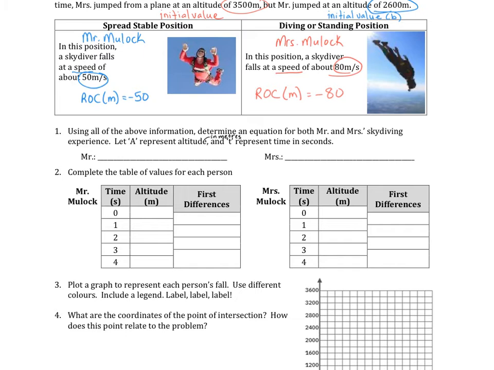And something else to remember, when you make the equation, it's y equals mx plus b. When you make the equation, y and x should be letters, and m and b should be numbers.